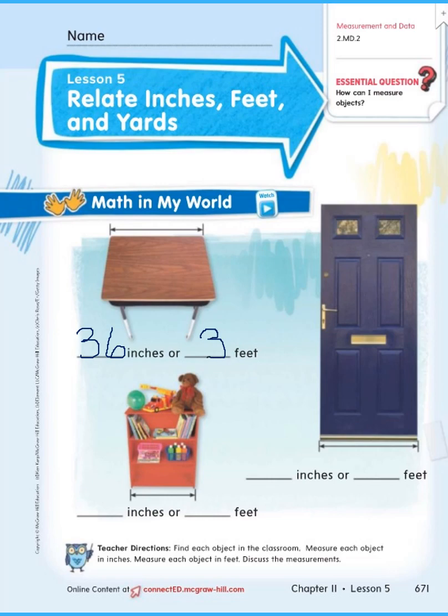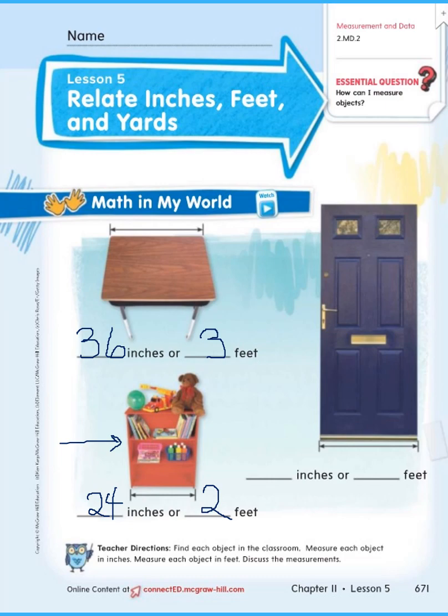Now let's look at this storage bin here, or this bookcase, and we will need to know how far across that is, how wide that is. Let's say it's 24 inches. Pause if you need to, and then write down how many feet that is. 24 inches is the same as 2 feet.